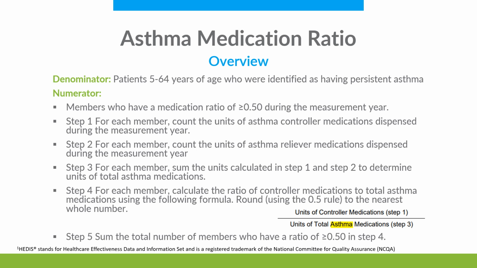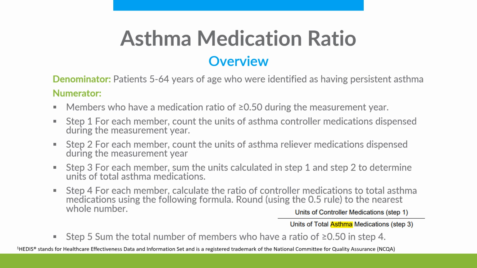In Step 4, for each member, calculate the ratio of controller medication to total asthma medication using the following formula. Before you do that, you want to make sure you round to the nearest whole number using the 0.5 rule.